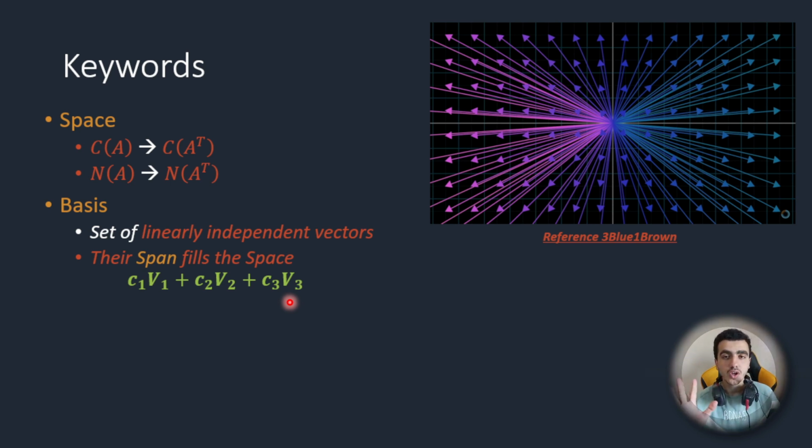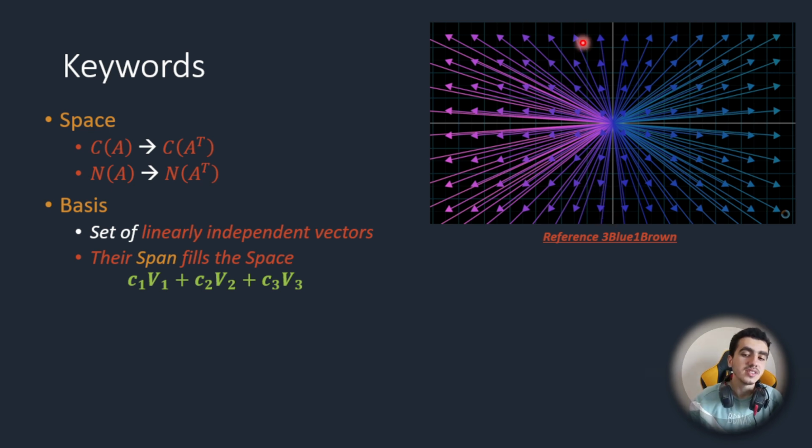This is the span of these vectors, okay? So this span will fill the space. For example, in this picture here, we have just a 2D plane. So this 2D plane is basically constructed from two main vectors, which are the basis.